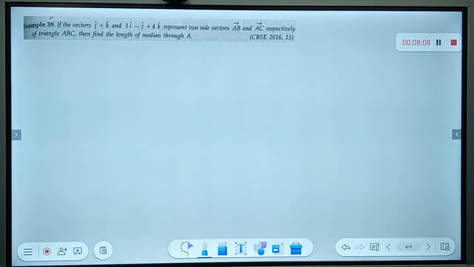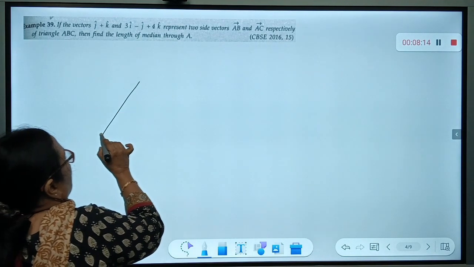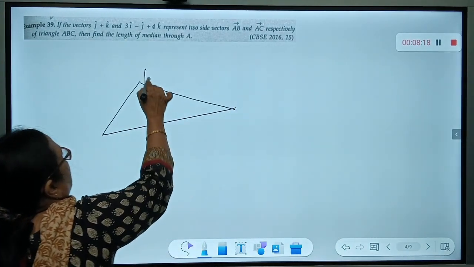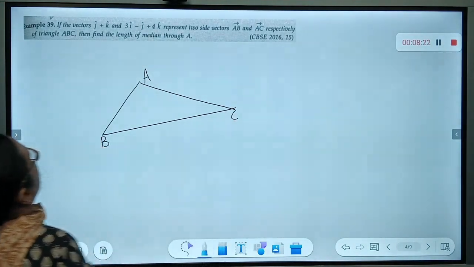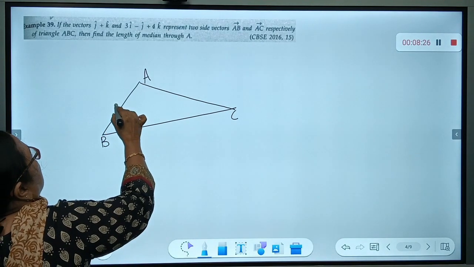Now, you are given the vectors AB and AC of a triangle ABC. So, we have a triangle ABC. You are given the vectors representing AB vector and AC vector.